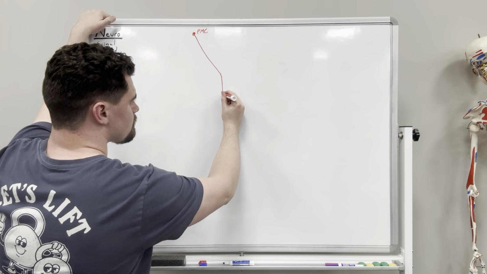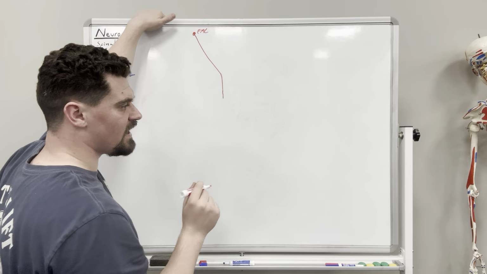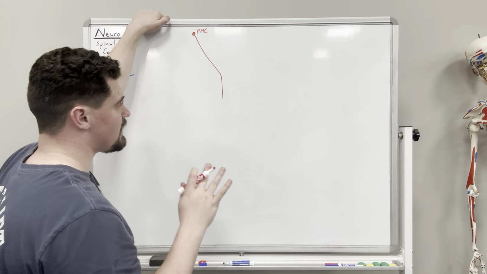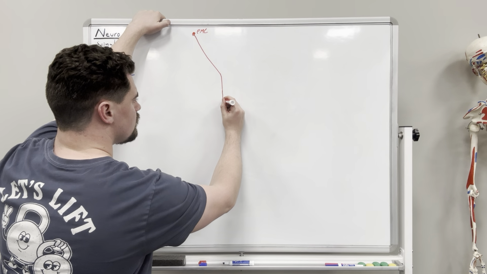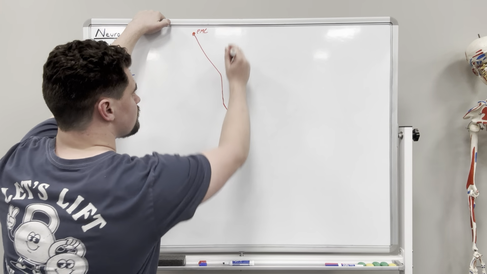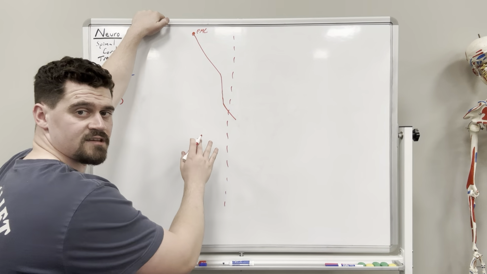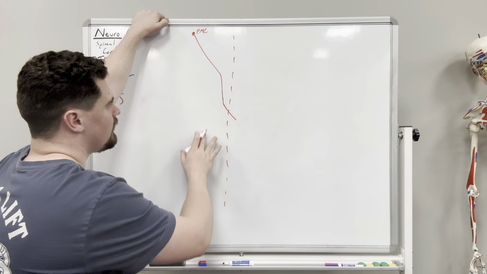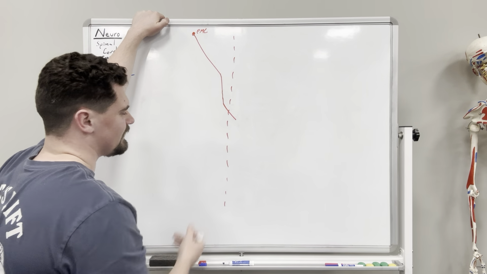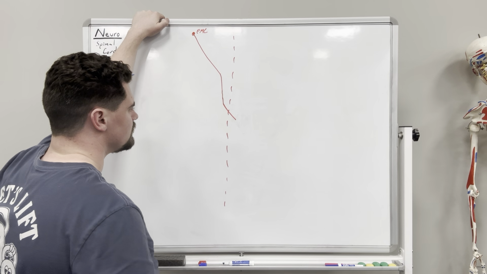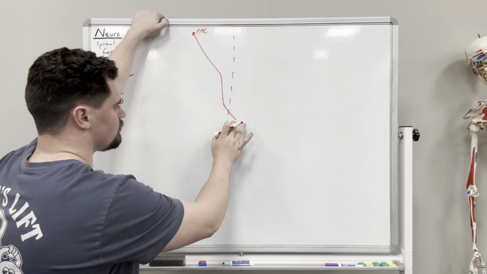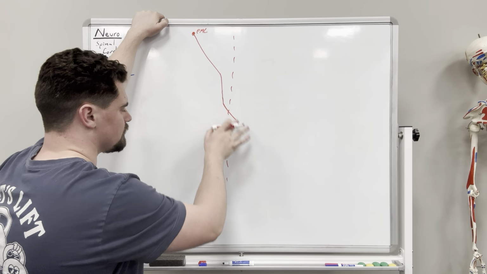And then most of the fibers, 85 to 90%, are then going to cross. So let's do a dashed line. It is then going to cross at the brainstem. I kind of fudged it a little bit. So that's the brainstem.